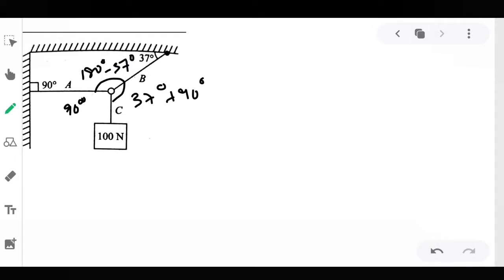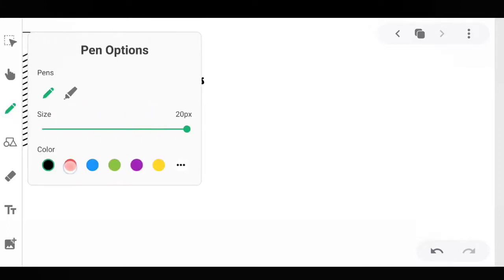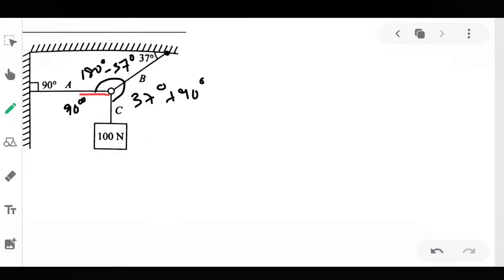In this direction you have tension TA, in this direction tension TB, and in this direction tension TC.